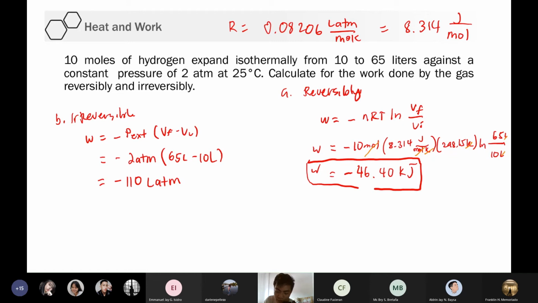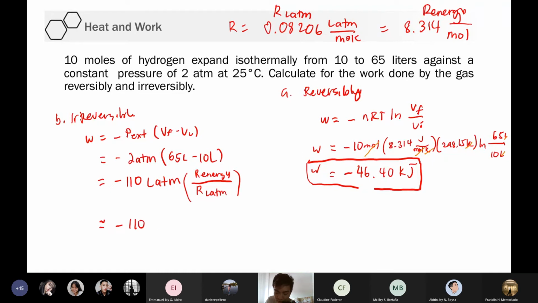So, i-divide natin yung R na energy sa R na L atm. Liter atmosphere, yung numerator. So, ganun gagawin natin.